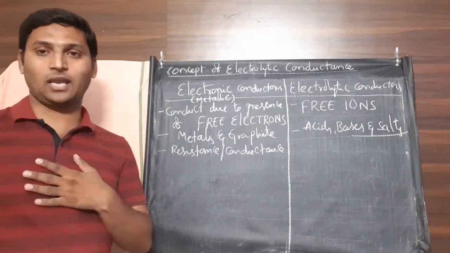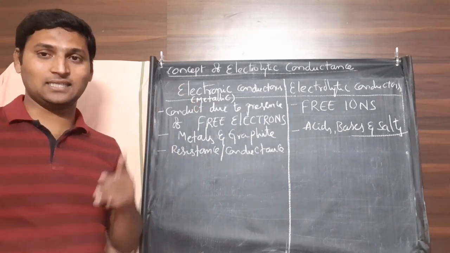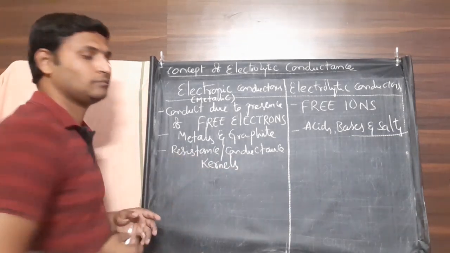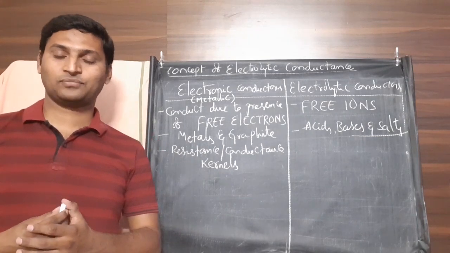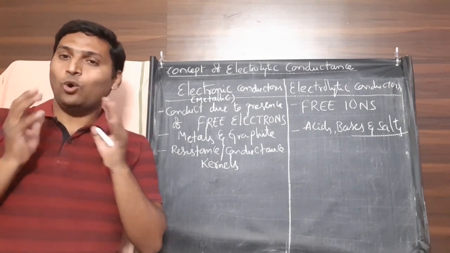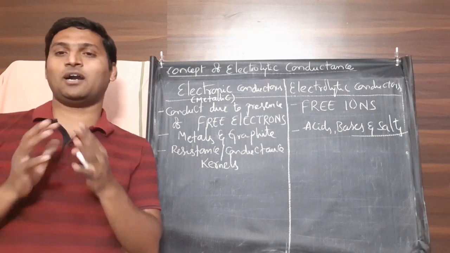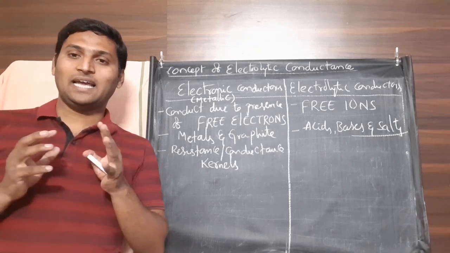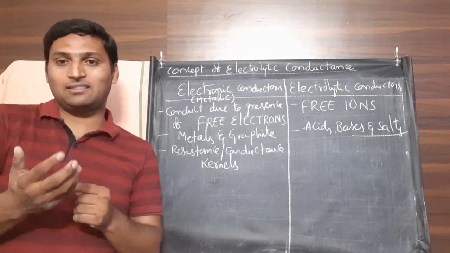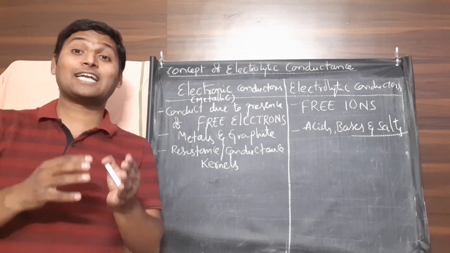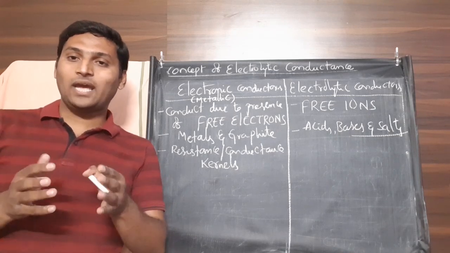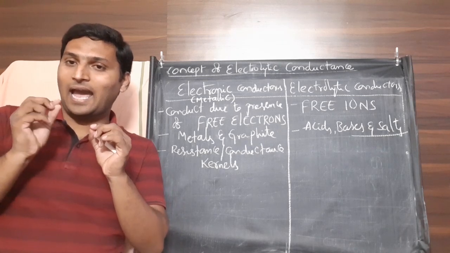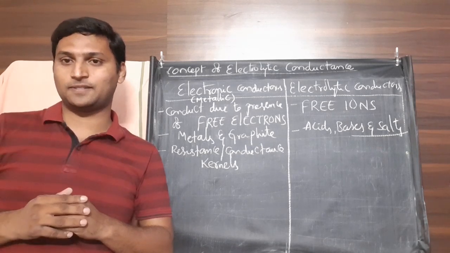In the case of electronic conductors, resistance is due to kernels. What are kernels? In the old PU syllabus, there was a concept called metallic bond, which you don't have according to the NCERT syllabus. There is one theory called the Lorentz electronic sea theory, where Mr. Lorentz says all the metals have very low ionization energies.